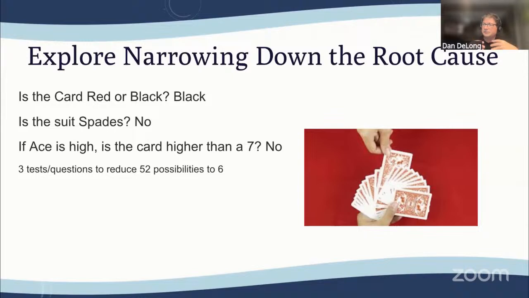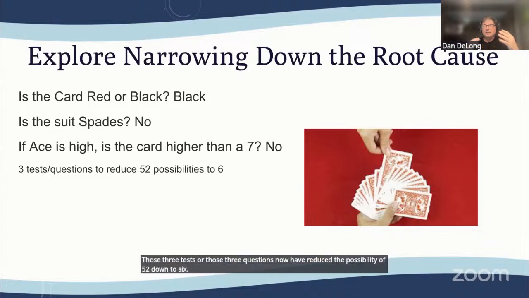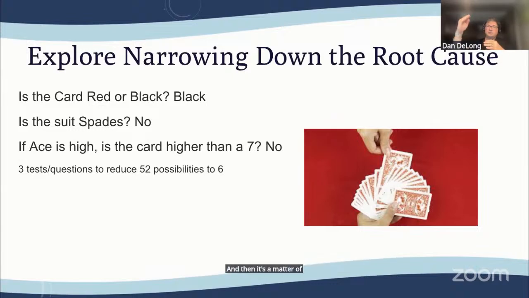So those 3 tests or questions have reduced the possibilities from 52 down to 6. Then you could just ask, is it this, is it that, since you've only got 6 more things to find.